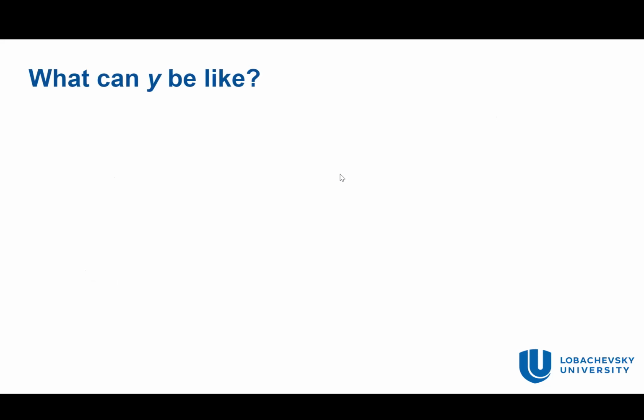And what about y? y can be nominal. In this case, we have a classification problem. y can be considered as a label of a class. For example, we have the problem of recognition of images. We have a data set with cats and dogs.